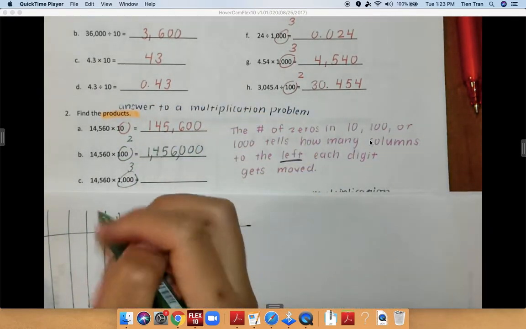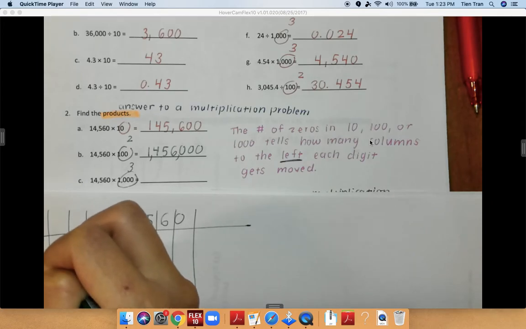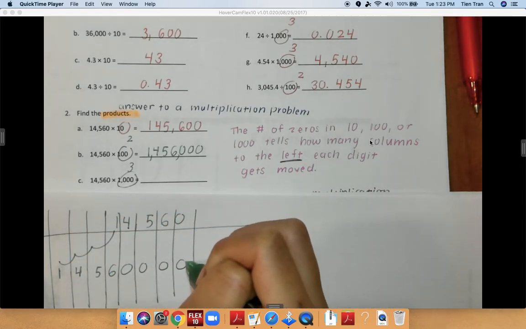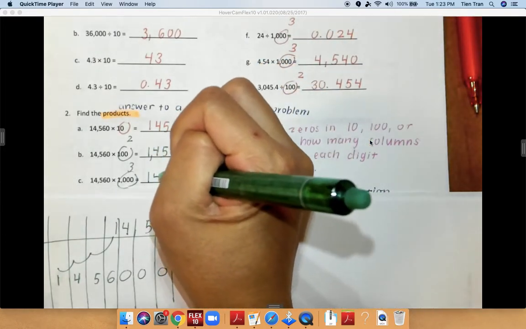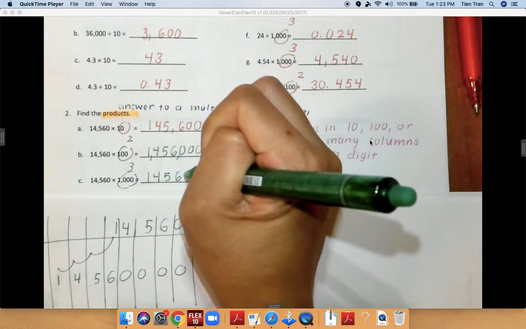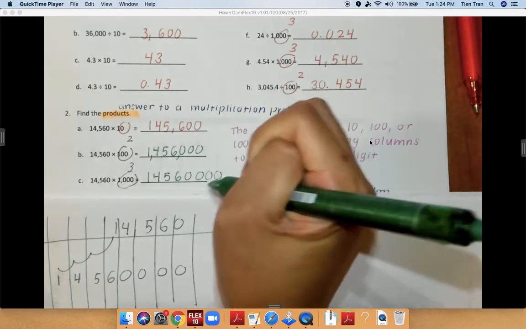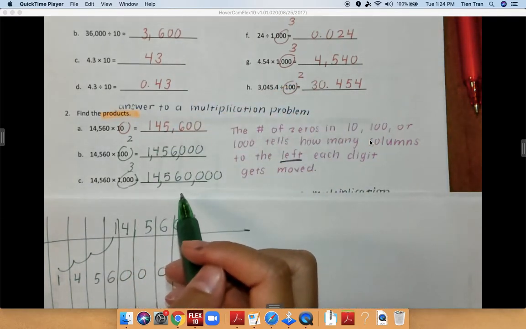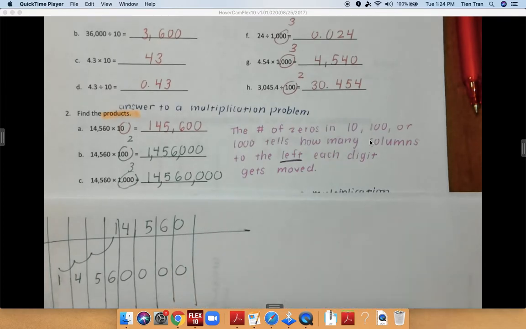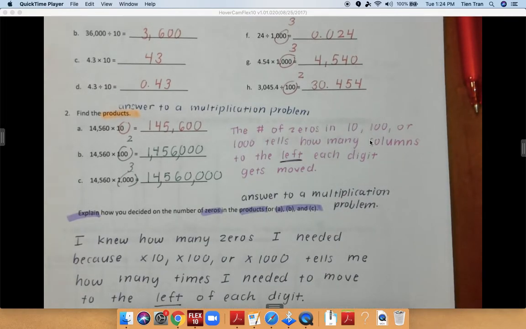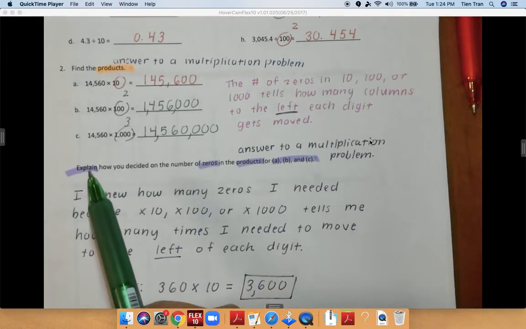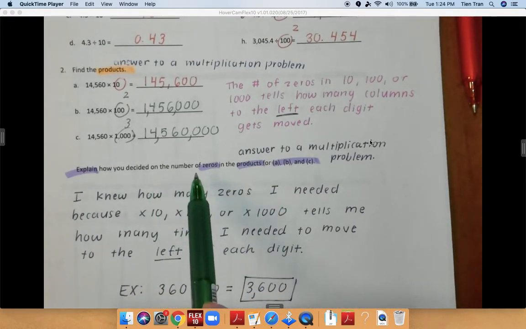So I'm moving over 3 times. 1, 2, 3. 1, 4, 5, 6, 0, 0, 0, 0. So my new number is 14,560,000.